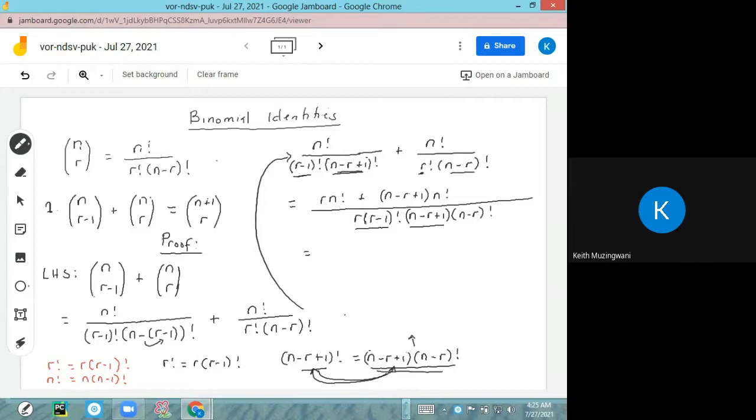Again, n factorial is common, so you can factor it out. We remain with r plus n minus r plus 1 divided by r factorial, and then this whole thing as just n minus r plus 1 factorial, because they're the same.